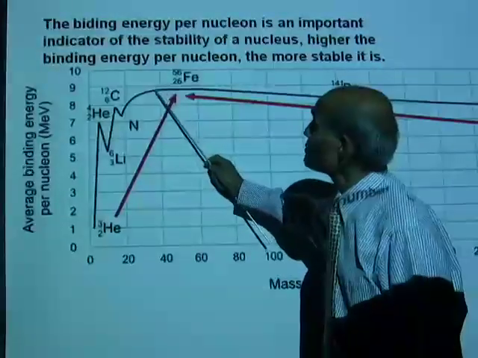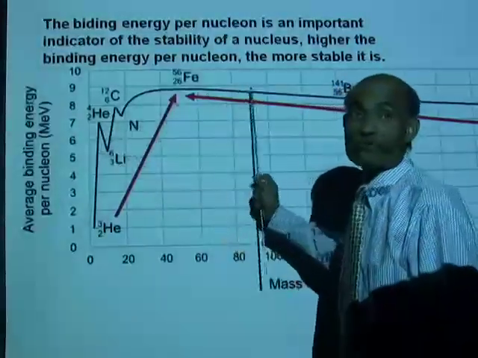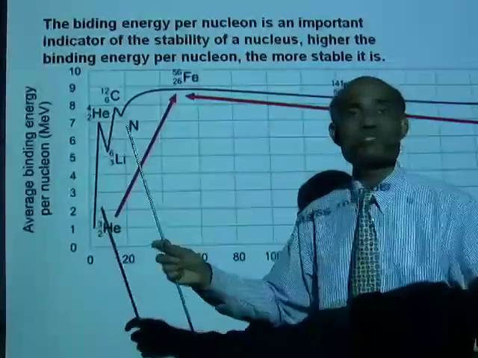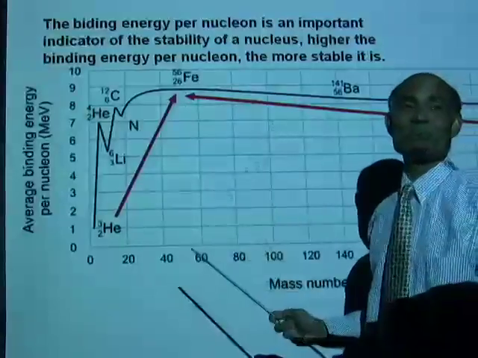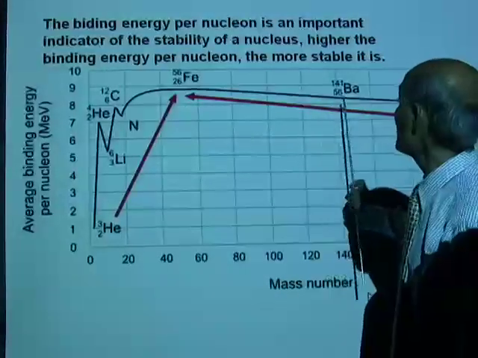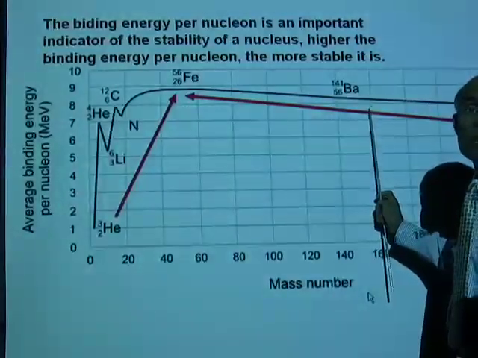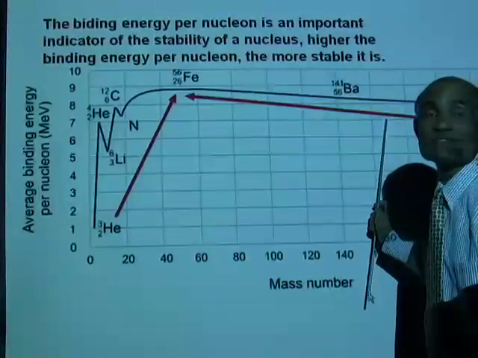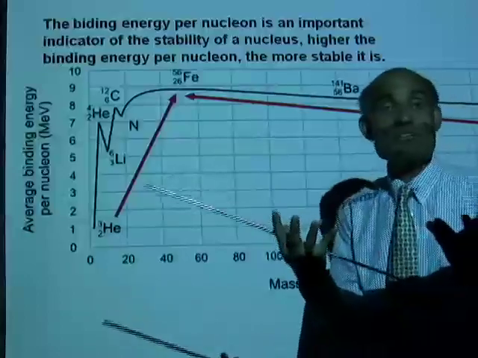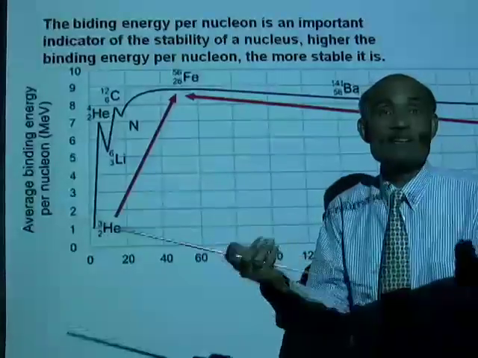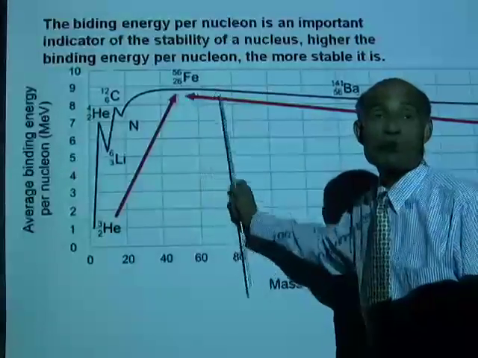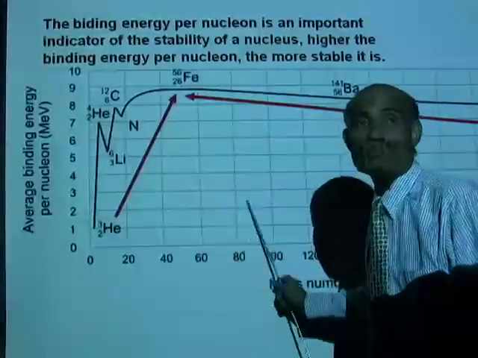As you go to the left of iron and to the right of iron, binding energy per nucleon decreases. That means they are less stable. So, what happens if a very heavy element over here splits into two pieces? Sometimes they do that in order to achieve stability. When they do that, the products may be more stable because they may be more in this region.